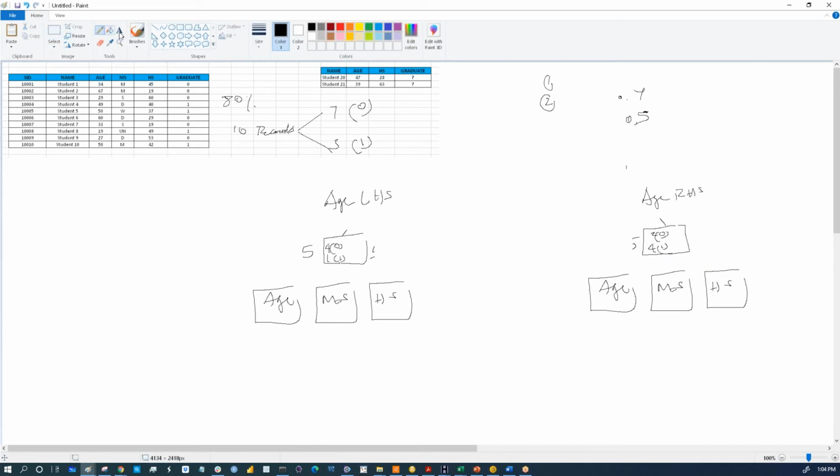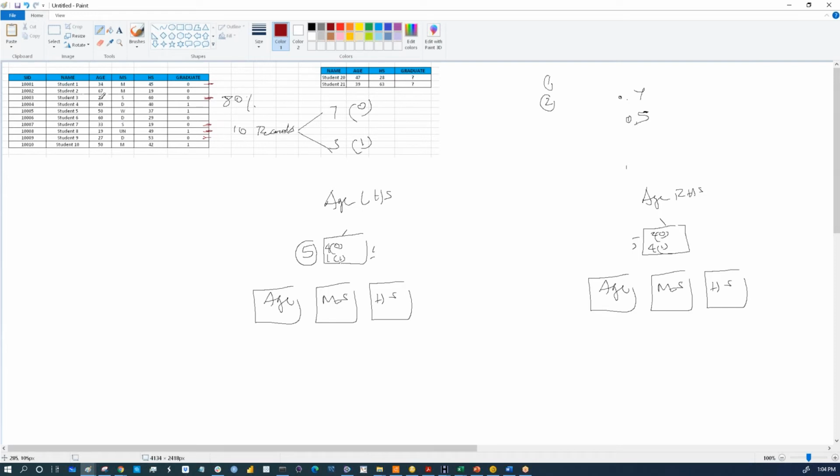Yeah, so now we have 5 features. For the left hand side, we are going to get this one, this one, and this one. Got 1, 2, 3, 4, 5.